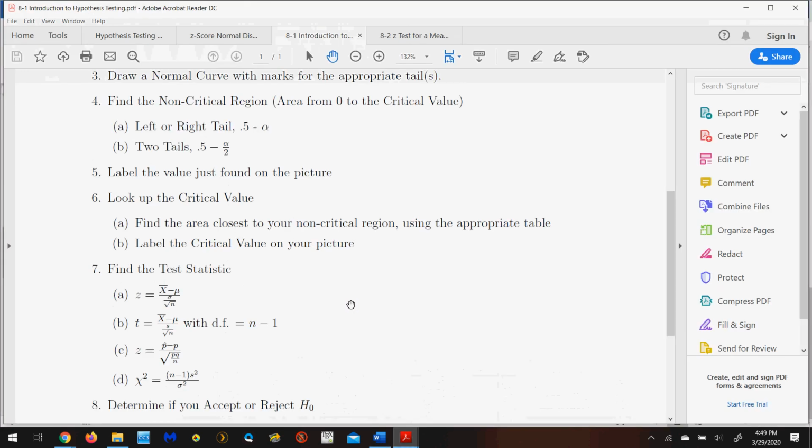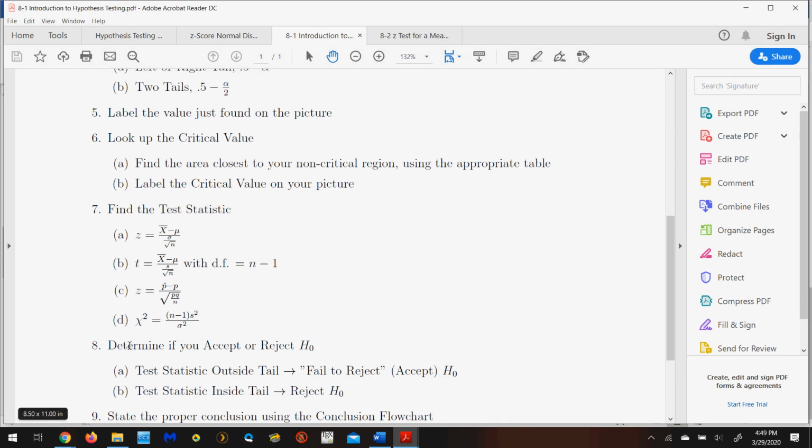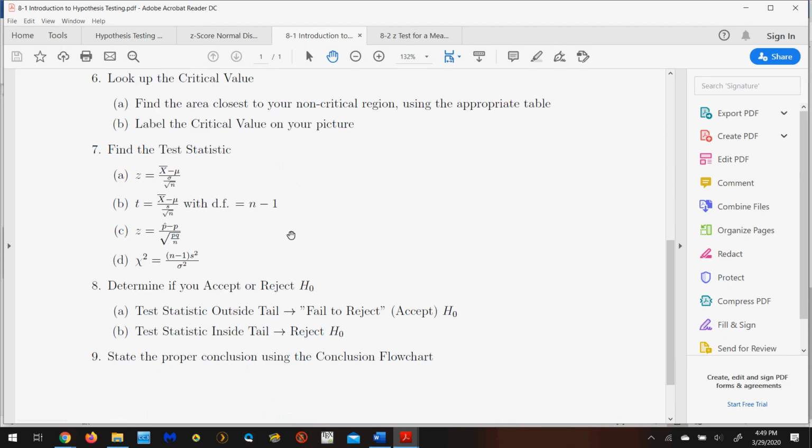The next thing mentioned is you are going to need to determine if you accept or reject the null hypotheses. To determine that, you want to see the location of the test statistic. Is that test inside or outside of your tail?